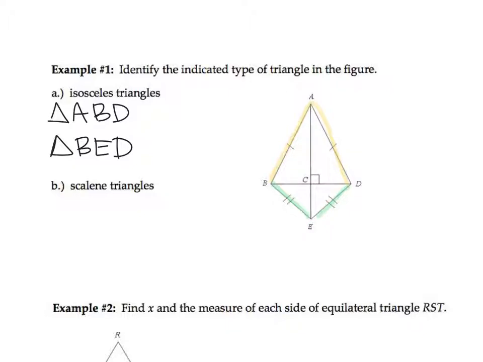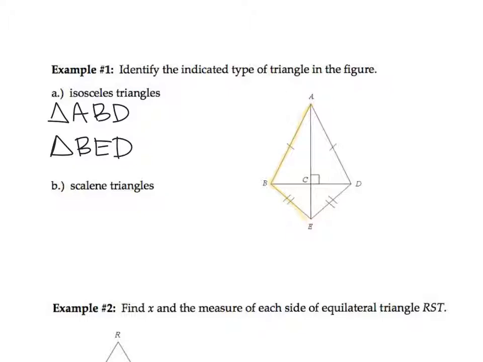Next, we want scalene triangles. So scalene triangles have no side lengths the same. So I have to come up with triangles. I can't have a triangle that has both sides AB and AD in it, or BE and ED. But I can have one of them. Since I don't know that AB and EB are congruent to each other, I can have a triangle that contains those two sides.